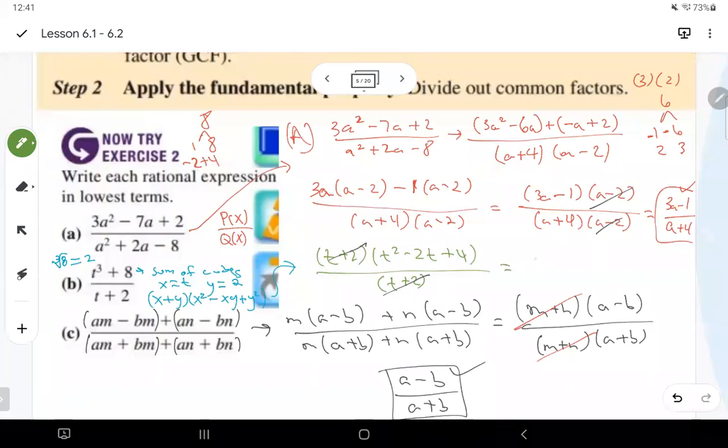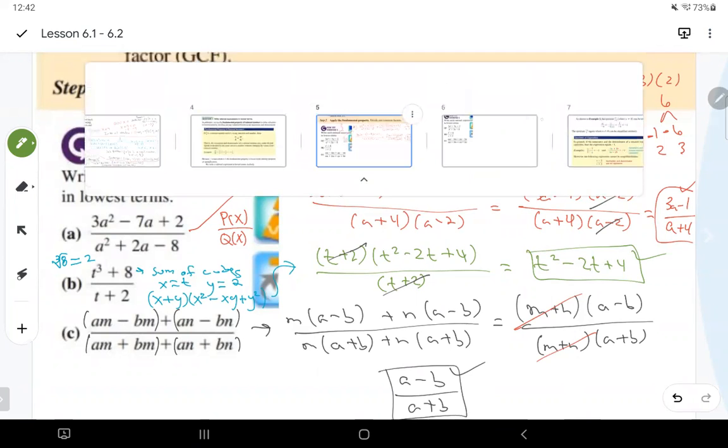So your answer here is just going to be t squared minus 2t plus 4. And you can't FOIL that or factor that because you're only going to have 1 and 4 and 2 and 2, and that doesn't help you. So that's it. That's your answer there.